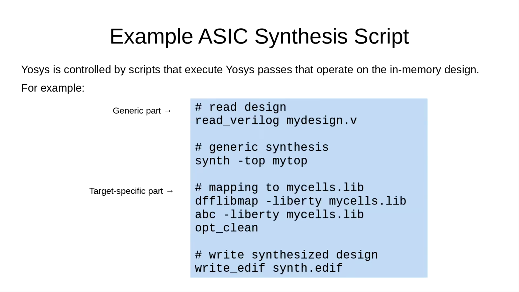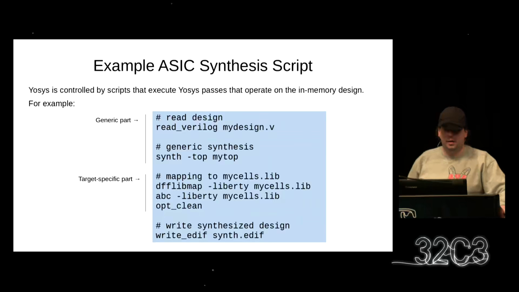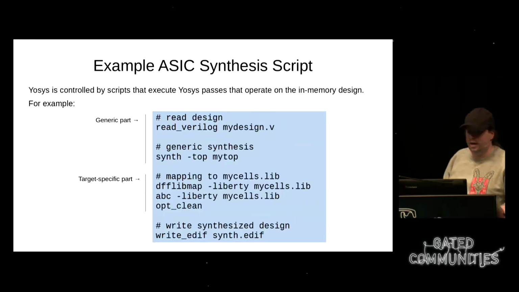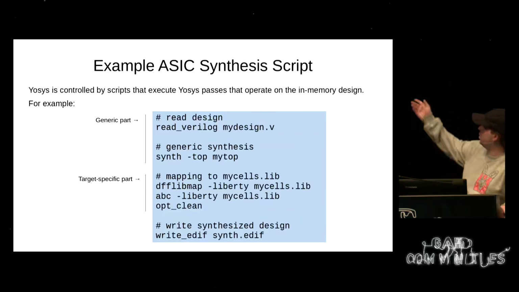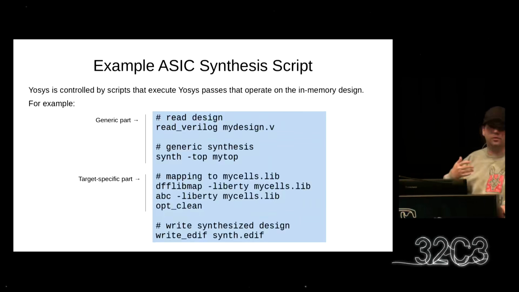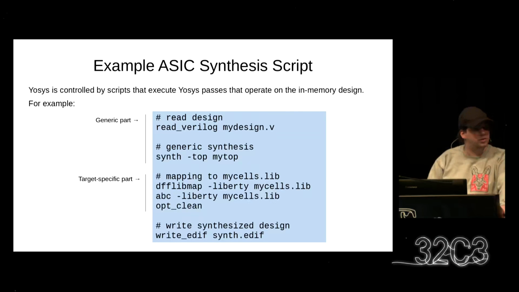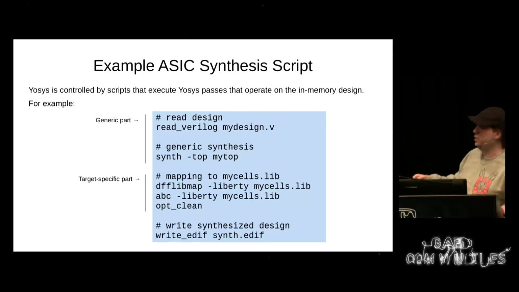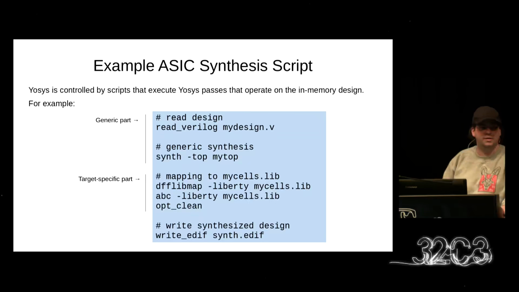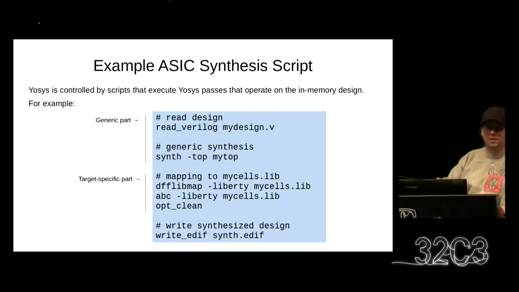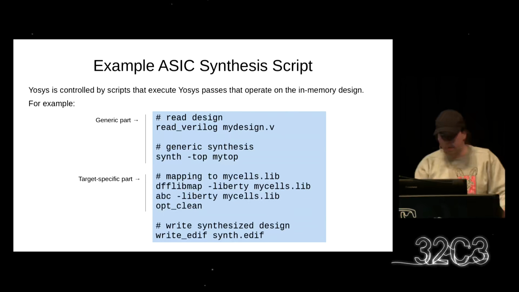And then you have a target-specific part that does the mapping to the target architecture, in this case, an ASIC cell library. Of course, this looks very much like commercial ASIC flows. They usually look quite similar: you have something like a Tcl script, and it reads a few Verilog files, and then it calls one command that does the magic synthesis part.